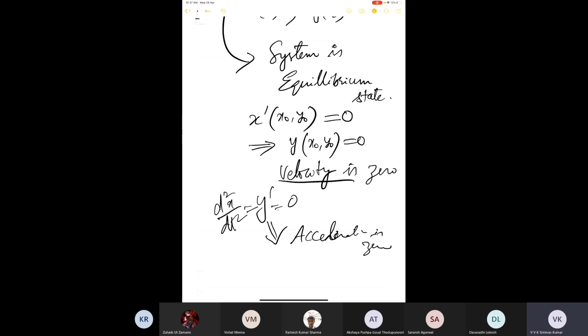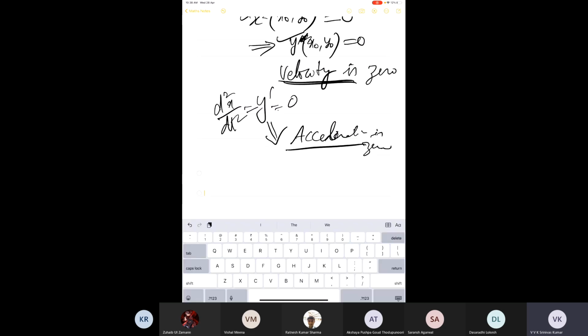That means 0 velocity and 0 acceleration, so it has attained a steady state, that is, an equilibrium state. There is no change in the system. The critical points where x' is equal to 0 and y' is equal to 0 are called equilibrium states.